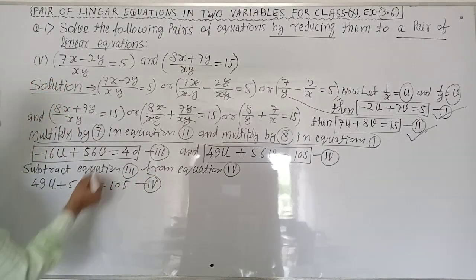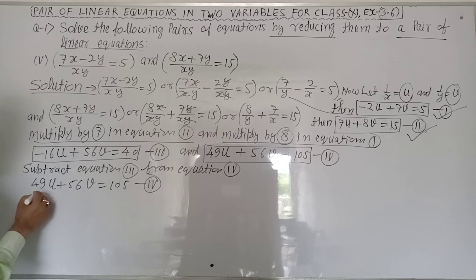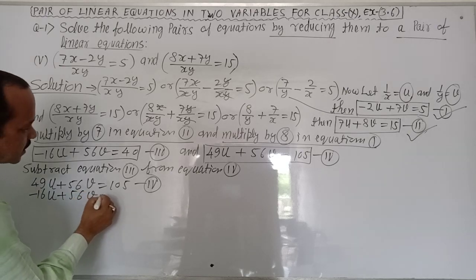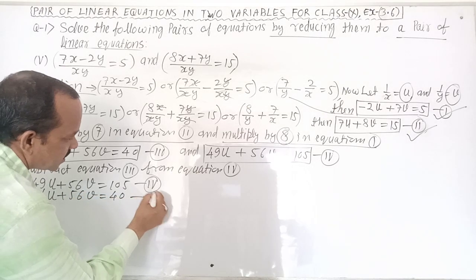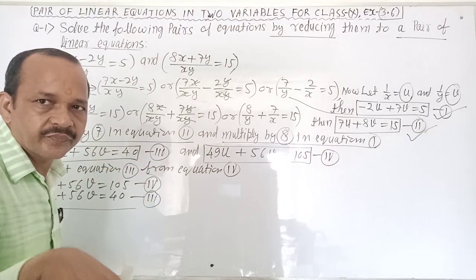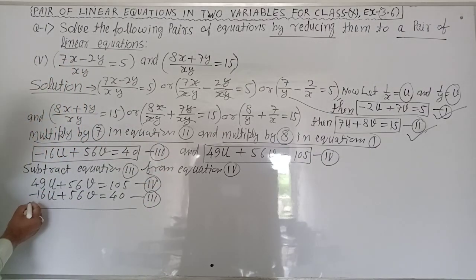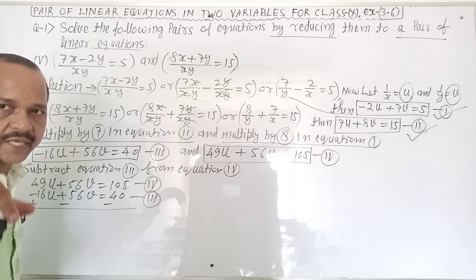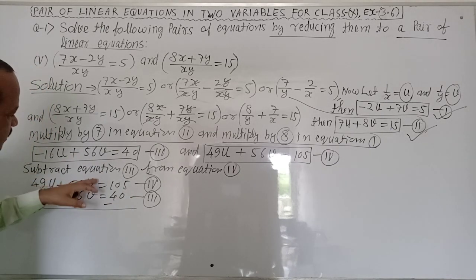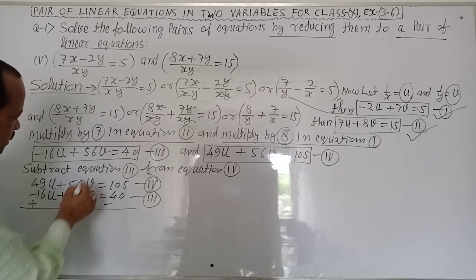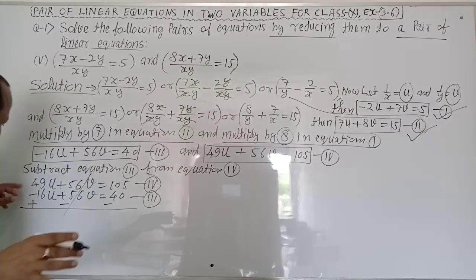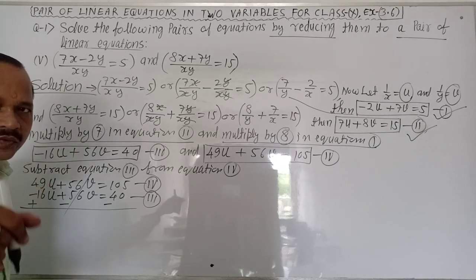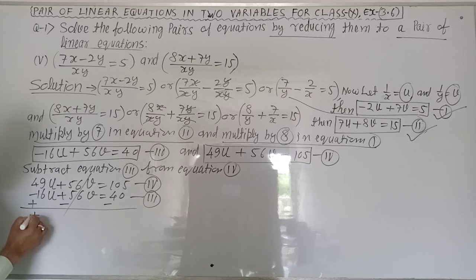Equation 3 is minus 16u plus 56v equal to 40. Draw a line and change its sign. Here minus so you write plus, here plus so you write minus, here plus so you write minus. Now you cut plus 56v and minus 56v. Clear? Here plus 49u and plus 16u, so you add it.